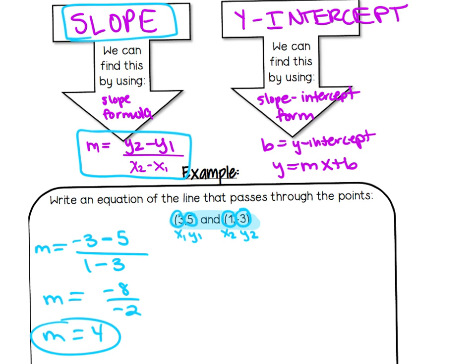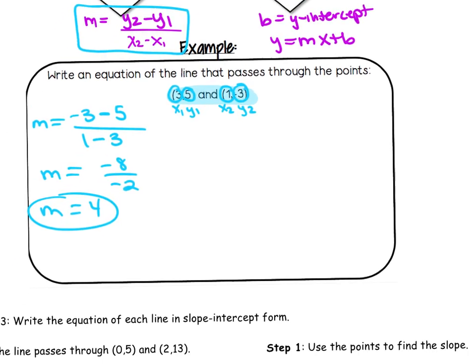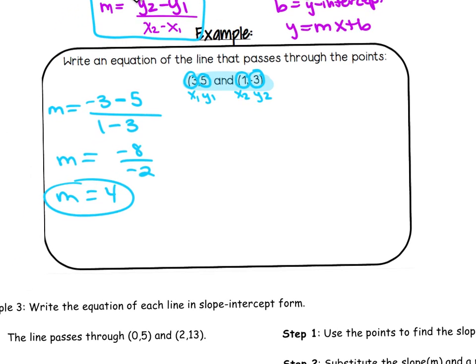Now we want to come up with the equation of the line. So y equals mx plus b. We know m, we just found it. So I'm going to write y equals 4x plus b. We want b.